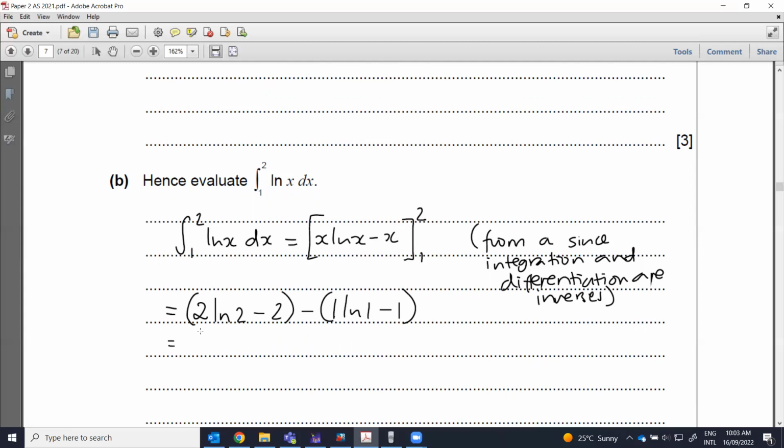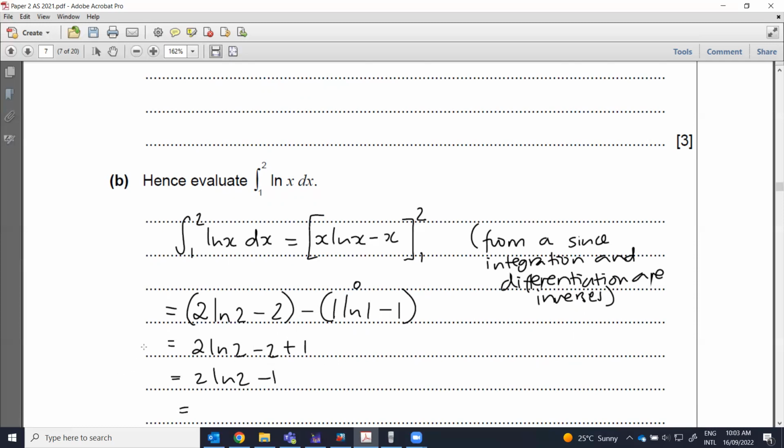Okay, so this will just be 2 ln of 2 minus 2. And we know ln of 1 is 0. So this one here is 0 minus 1, which is minus 1. So I have minus 1, and this will be plus 1. So this is 2 ln of 2 minus 1.